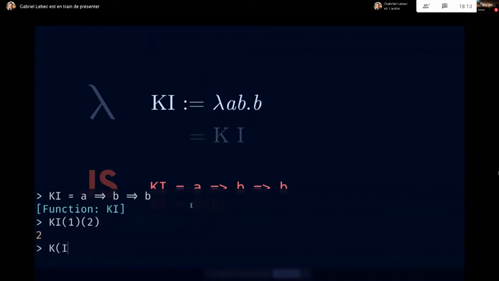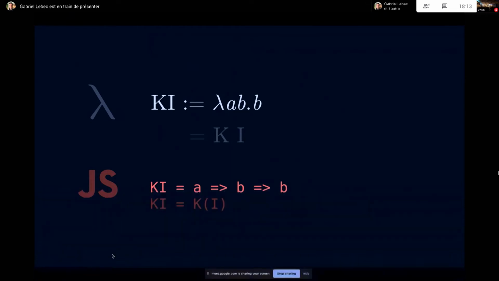But I really want to get at how exciting it is that we don't have to, that we can define ki simply by passing k and I and gluing them together, and that gives us this brand new behavior. That's really cool, because getting new stuff just by combining old stuff, that's the essence of functional programming. That's the essence of combinatorial logic.